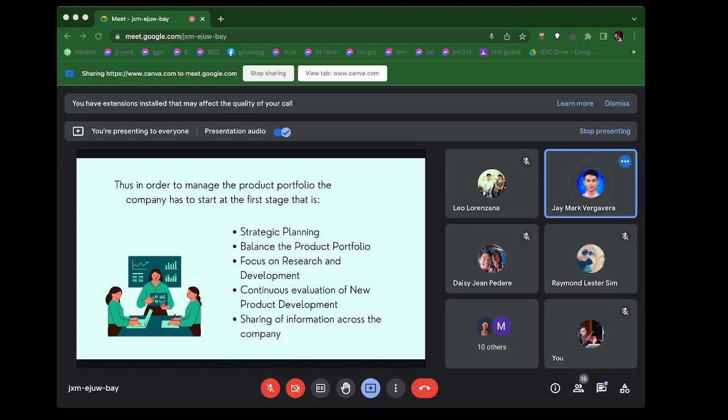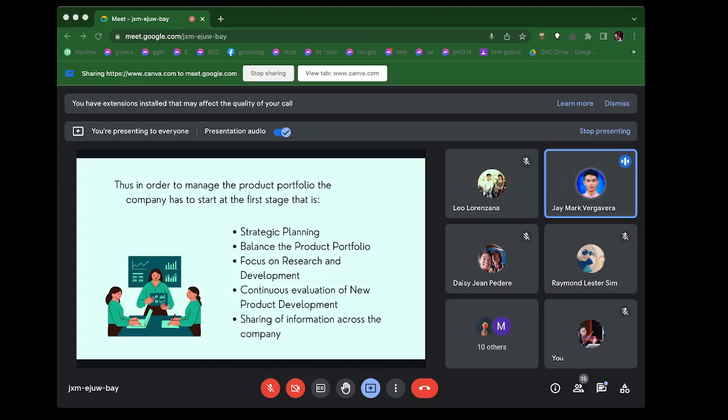However, in order to generate the right portfolio, the company must ensure that it has the right balance of investment across the products, technologies, and markets, either new or existing markets. Second, the customer segments and regions. Third, innovation level, project stage, timing, and risk. And then fourth is the business unit.